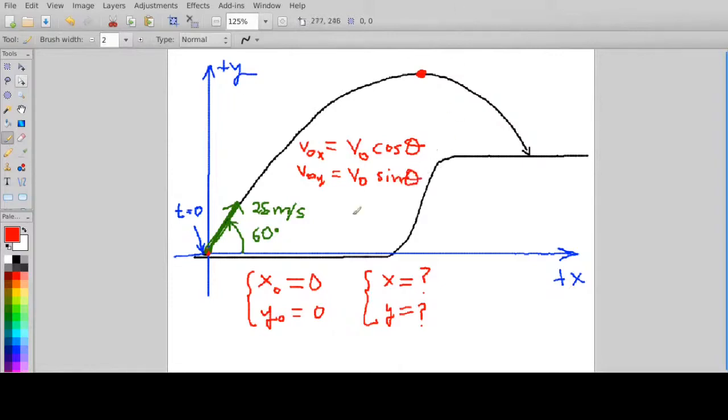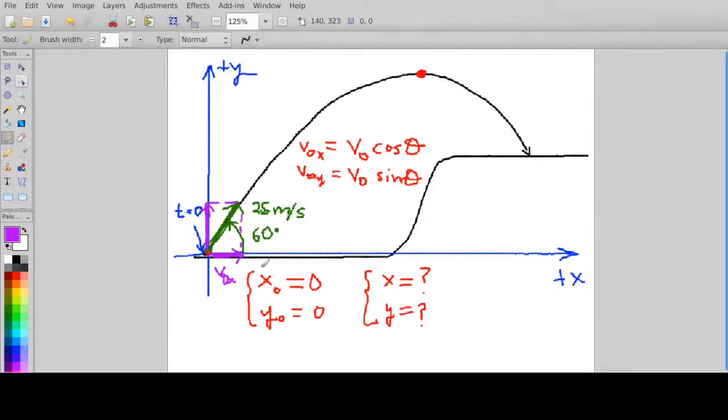What they correspond to, maybe I can draw in purple here. If I take this green vector and break it up, here's the x component like that. That's your v naught x this way. You do the same thing, break the vector up and you get its y component, like that. That's your v naught y.